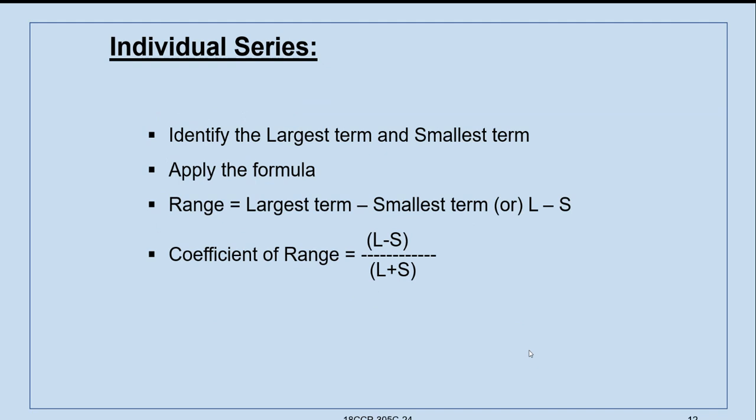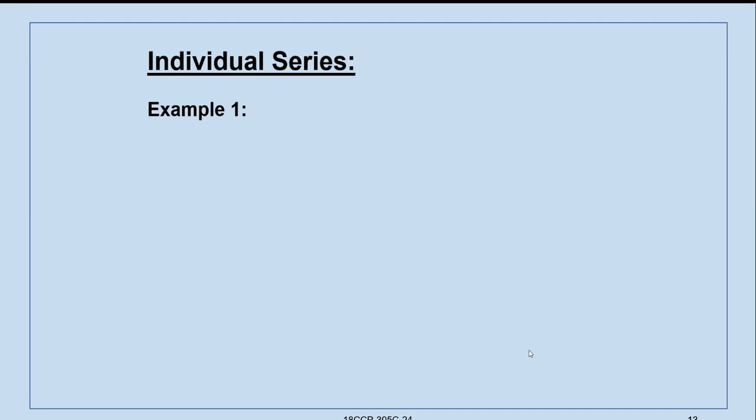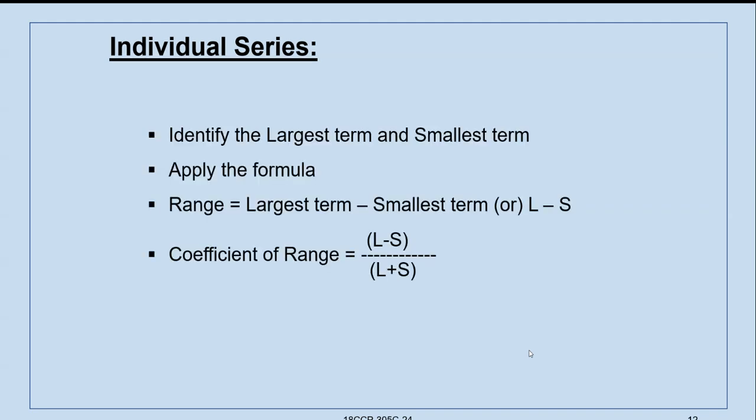Coming to the calculation of individual series, first identify the largest and the smallest term, that is largest value and smallest value, and then apply the formula. The formula we have seen: largest value minus smallest value, L minus S, for range.